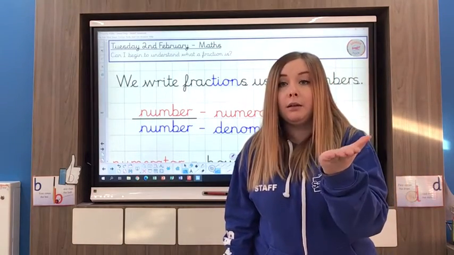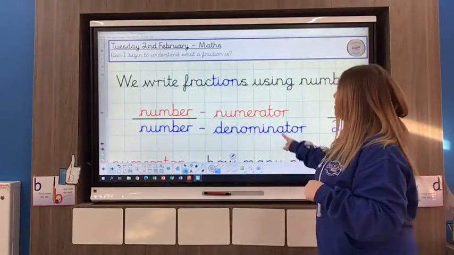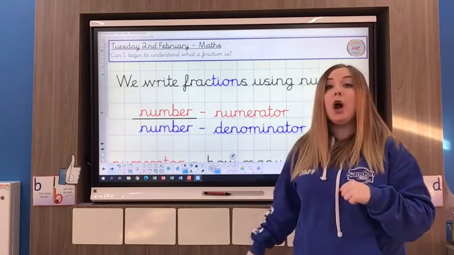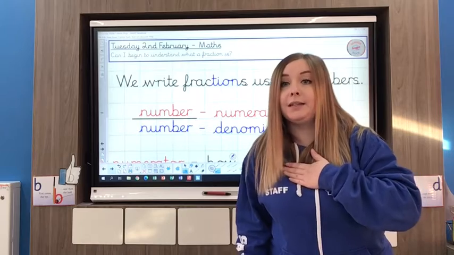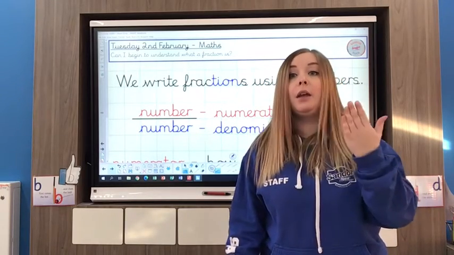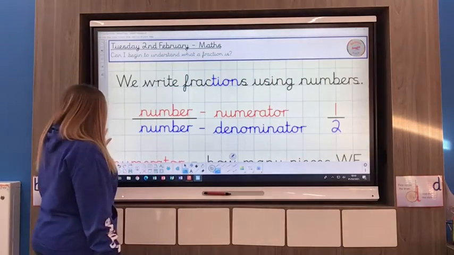Numerator. And the number at the bottom is called the denominator. A little bit trickier. Denominator. Your turn. Well done for having a go at those tricky words.